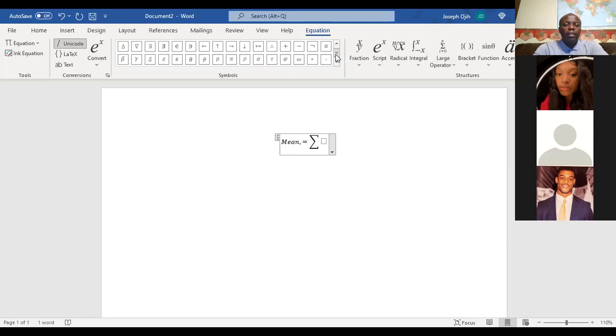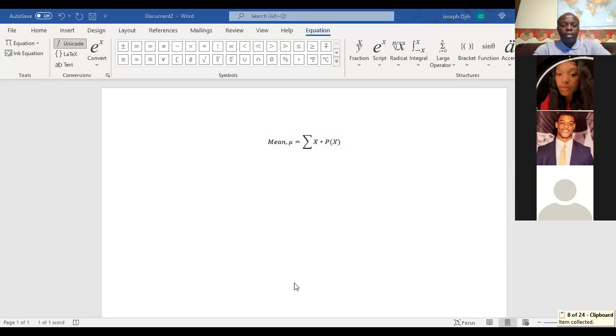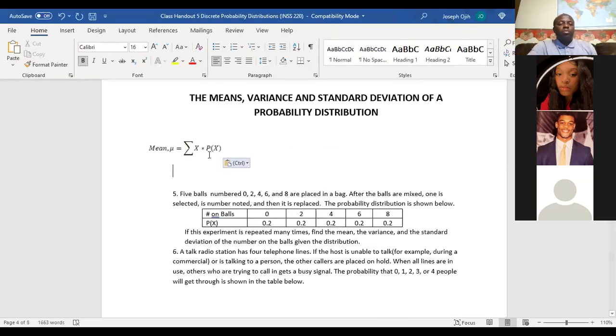The mu right there is the sum of x times the probability of x, times P(X). That's the formula for the mean for a probability distribution. The mean is the sum of x times probability of x.